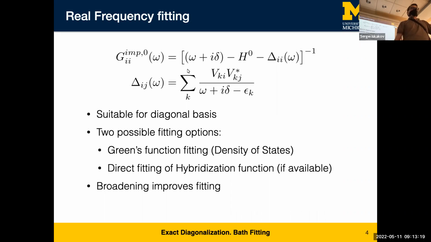So in the typical setup, delta that you have on the top line is a matrix with the size of number of orbitals times number of orbitals. Yeah, same as H0. Exactly. Then the inverse goes over the entire matrix, and if you want the ii component of it, then you take the ii component after the inverse. Yes, exactly. That's what I'm saying. So if you know this function only on the diagonal, you just simply cannot get access to delta directly.